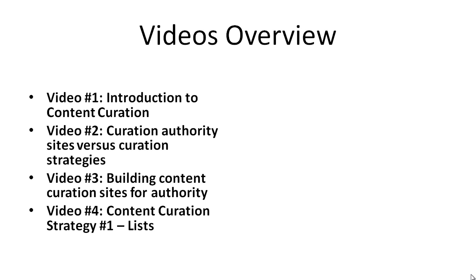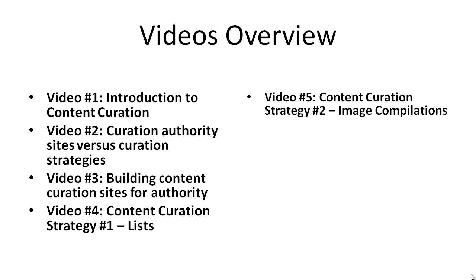And it'll all make a lot more sense when I actually dive into it. Video number 5 is going to be similar, but we're going to be using image compilations, sort of like image lists and so forth. There is a specific strategy that I will be using in combination with image lists, so you'll want to definitely pay close attention to that too.